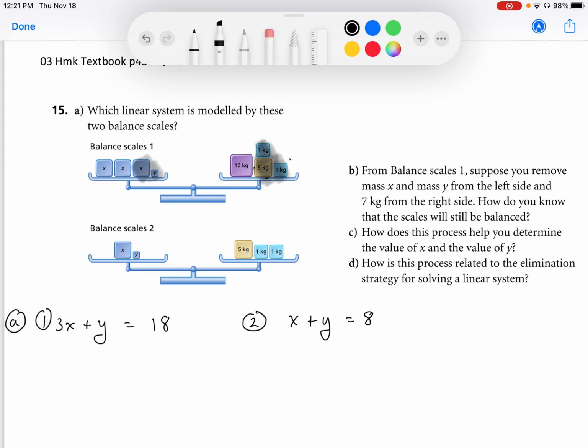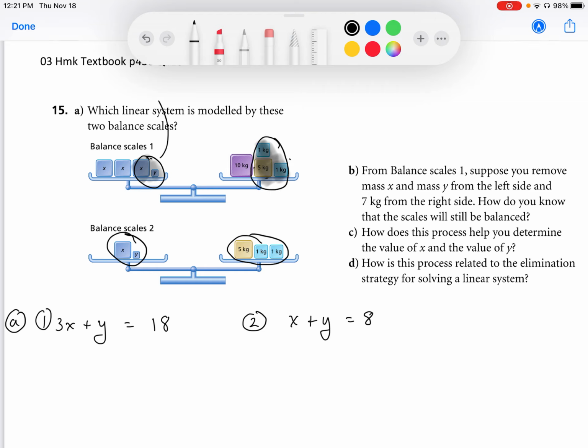Okay, those are gone. So how do we know that the scales will be balanced? Well, based on the second scale, we can see that an x and y, just like I have here, will balance 7 kilograms here, and that's 7 kilograms here.